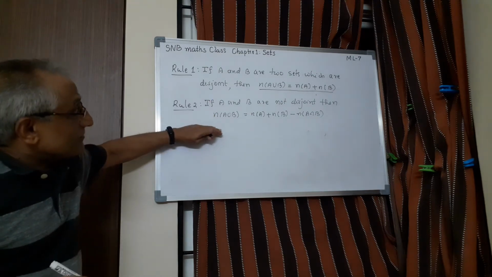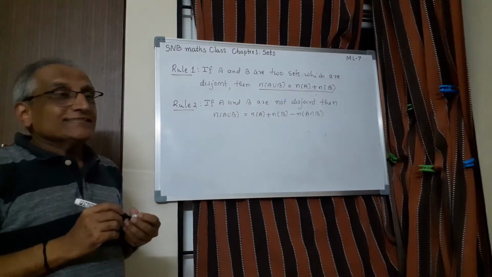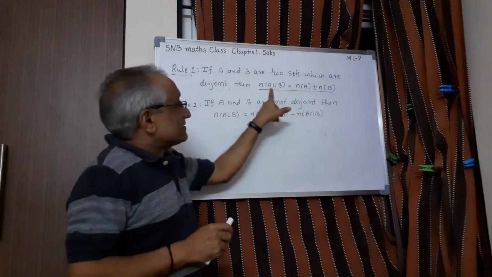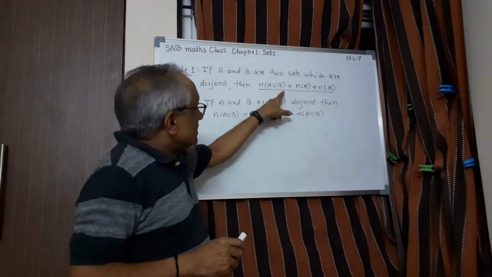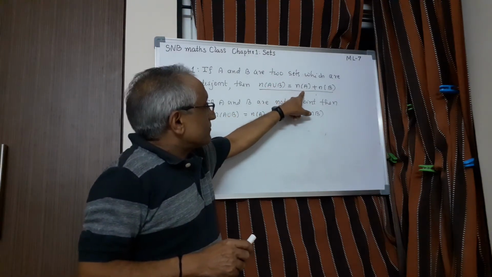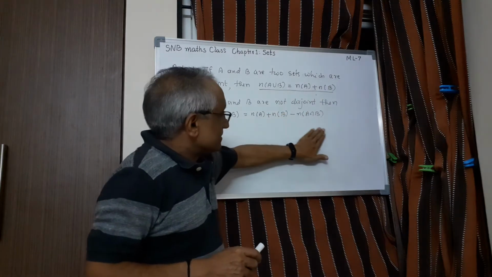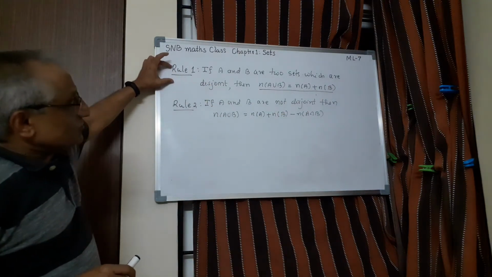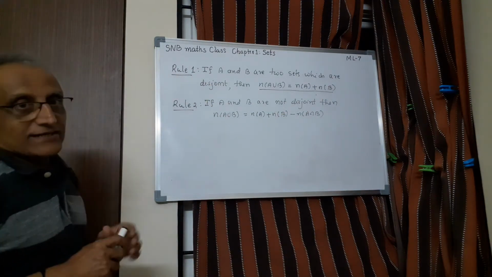To prove this one, we use the first rule: whenever two sets are disjoint, number of A union B will be equal to number of A plus number of B. Using the first rule, let us prove the second.